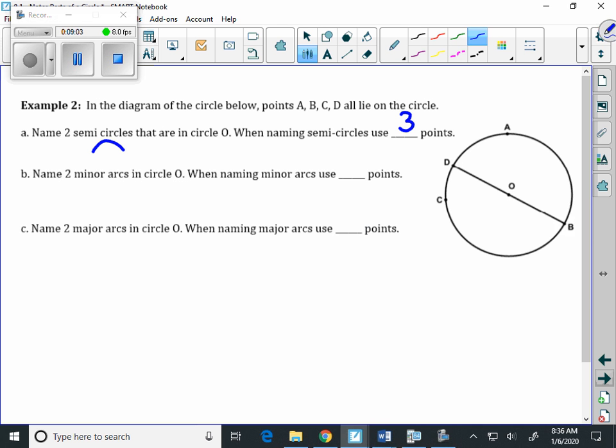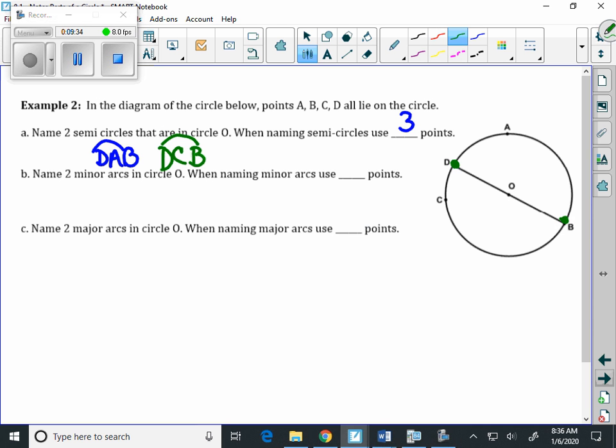And we could say D, A, B. Or we could go the other direction, and we could still start with D, but we could say that it's arc D, C, B. And what I'm pointing out here in terms of identifying the semicircle is we need to pick a chord where there's a diameter.